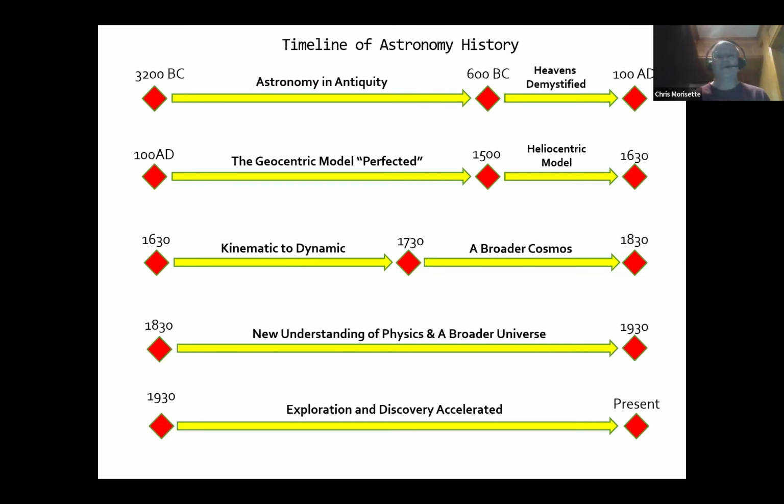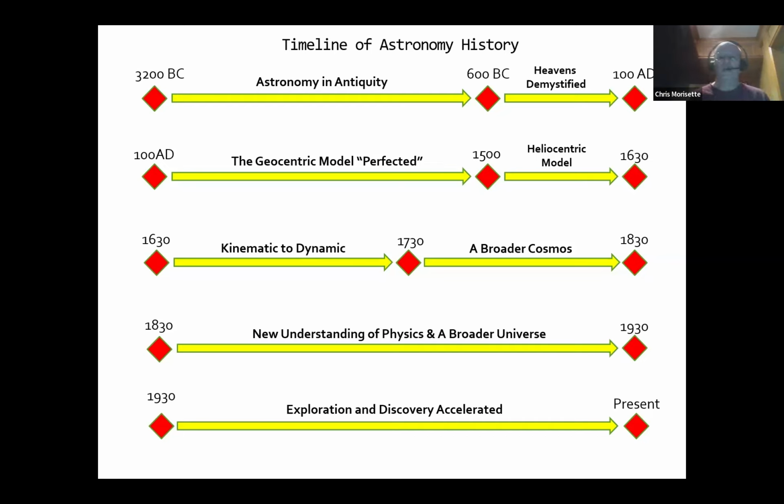In kinematic to dynamic, we'll be talking about Isaac Newton and Robert Hooke and their contribution to giving us a deeper understanding into the mechanics of orbital motion. We'll then get into a broader cosmos that really deals with William Herschel and how he expanded our reach and our understanding beyond our solar system.